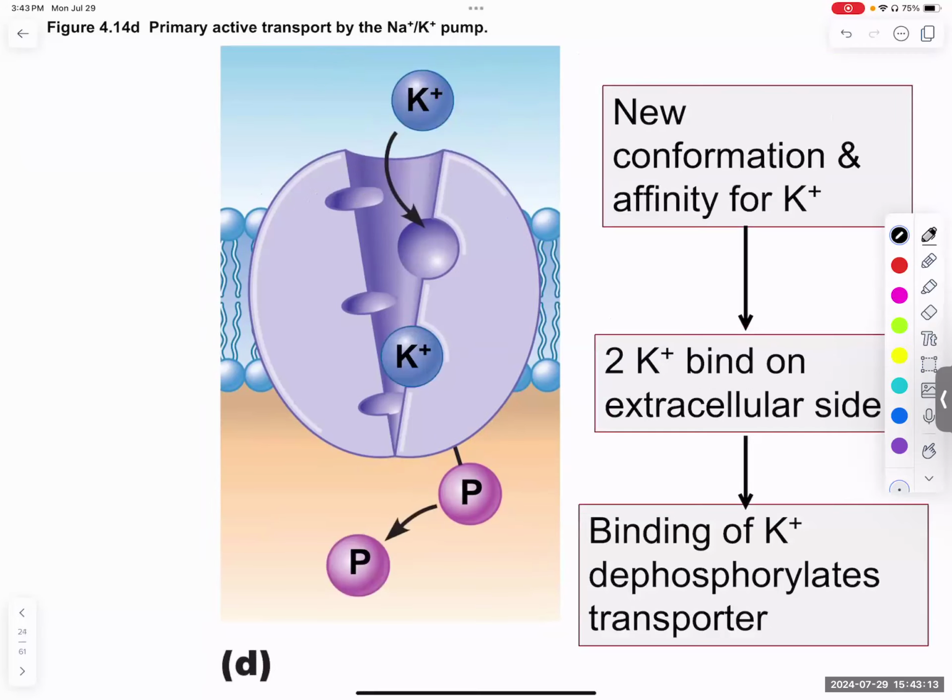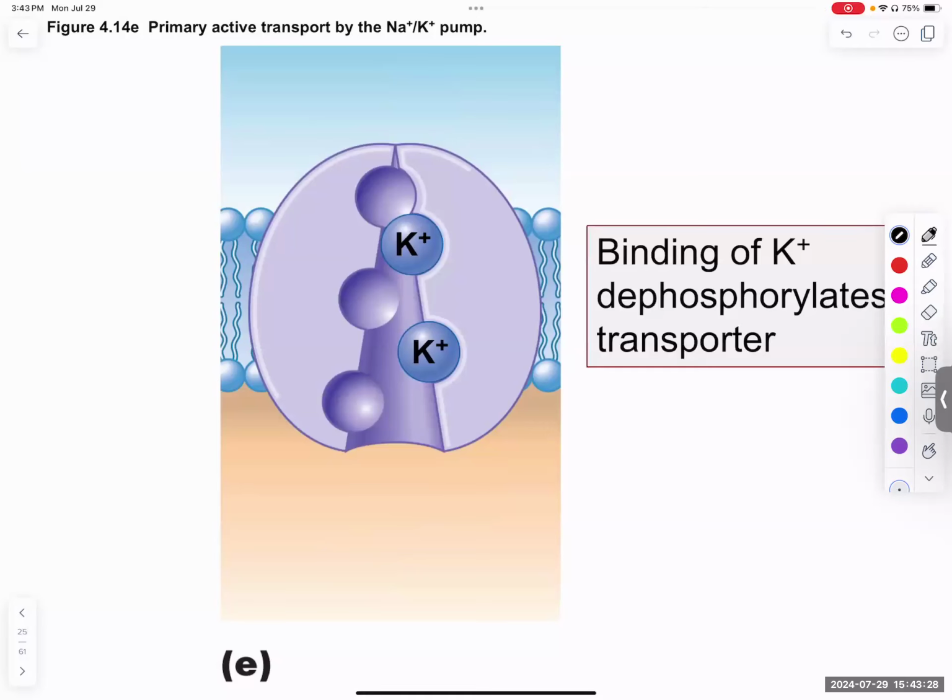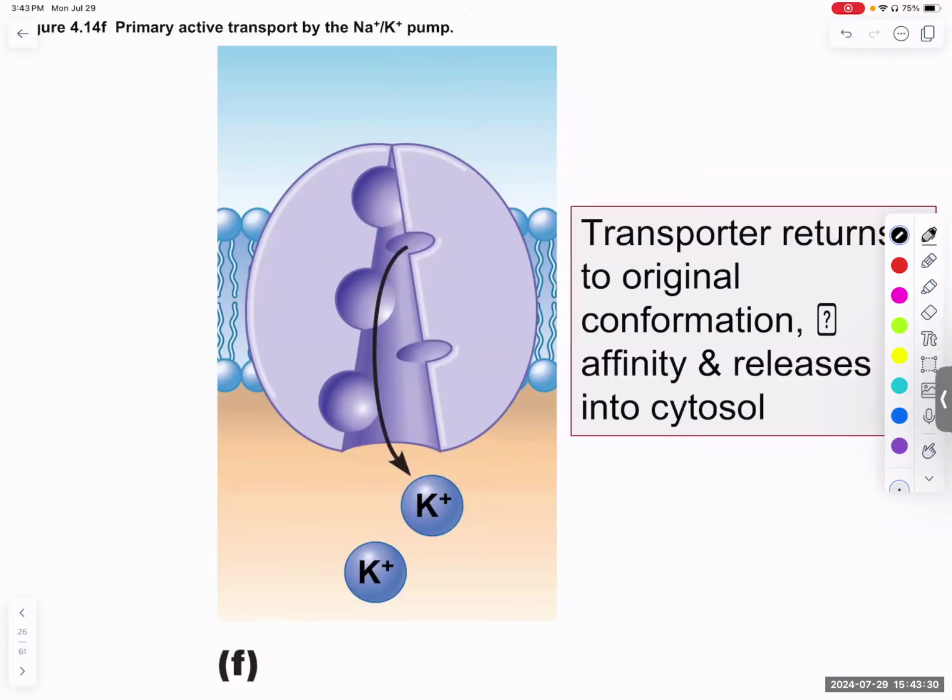New affinity is for potassium, so it's now attracted to the transporter and it binds. And then the binding of the potassium causes the inorganic phosphate to dephosphorylate, which changes the affinity for potassium, and it's going to lose its affinity for potassium and release it in the cytosolic or intracellular side.